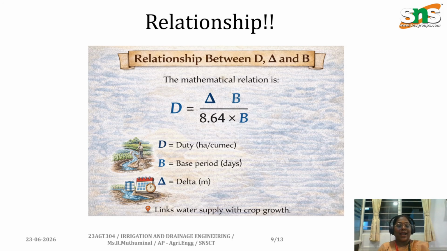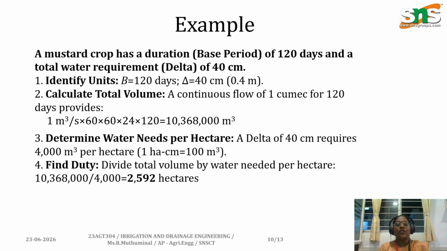Now let us understand this through the example shown in the slide. So consider a mustard crop having a base period of 120 days and a delta of 40 centimeters. That means a continuous flow of 1 cubic meter per second for 120 days provides approximately 10.368 million cubic meters of water.